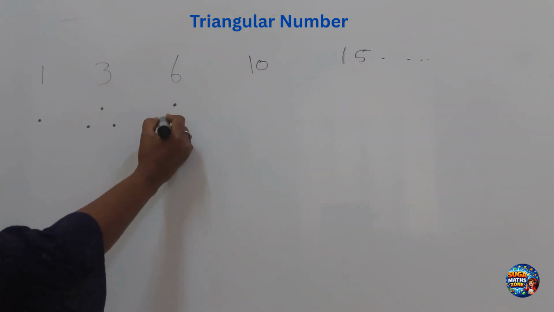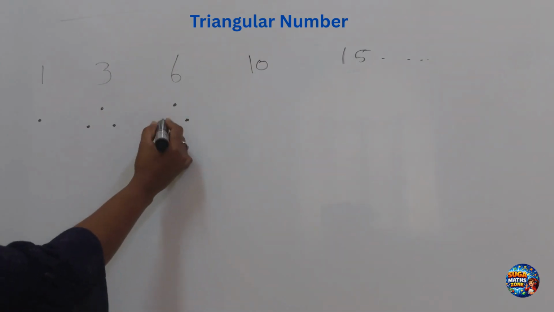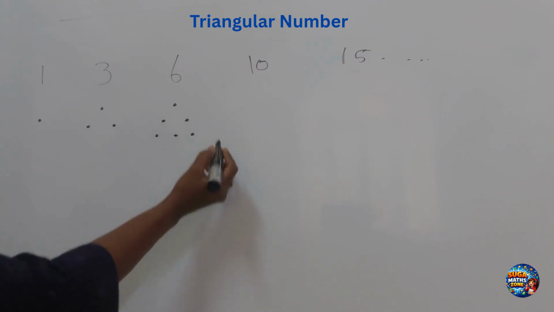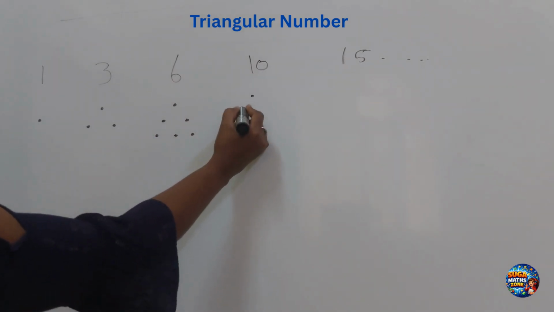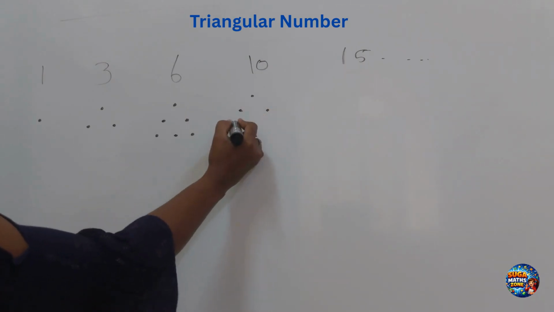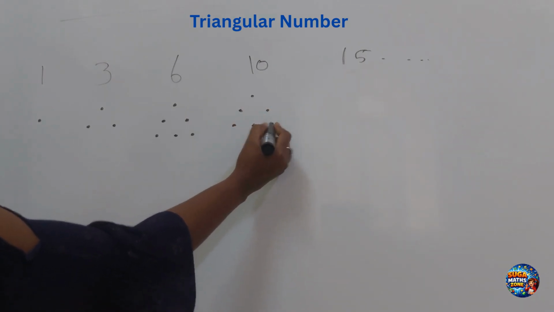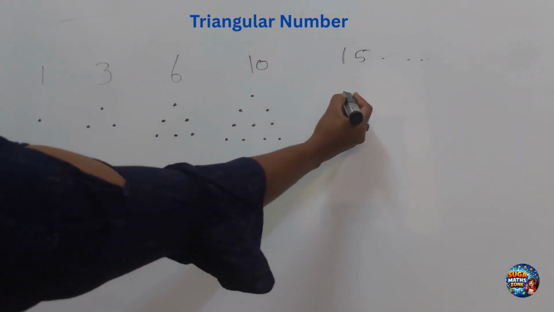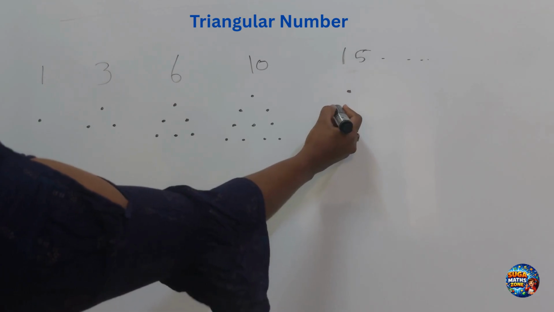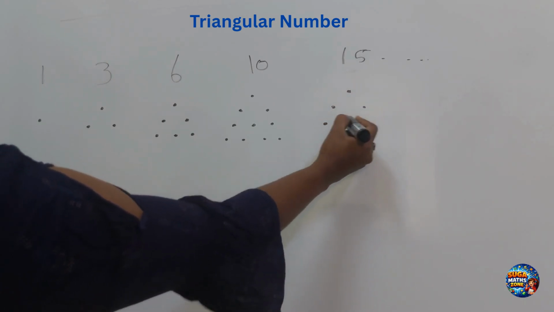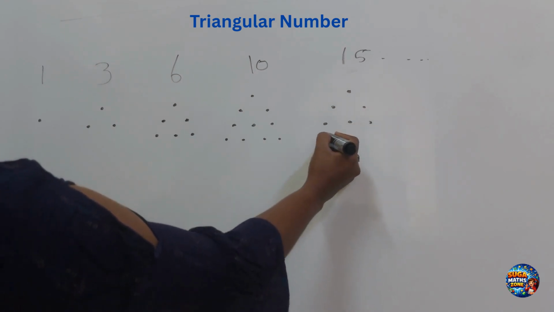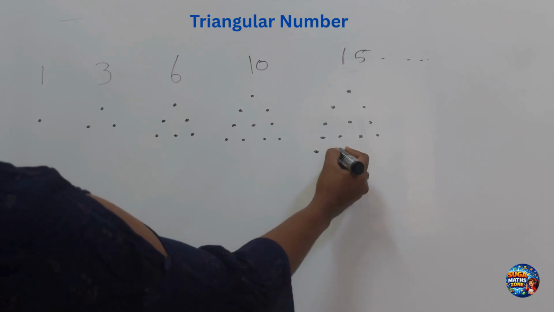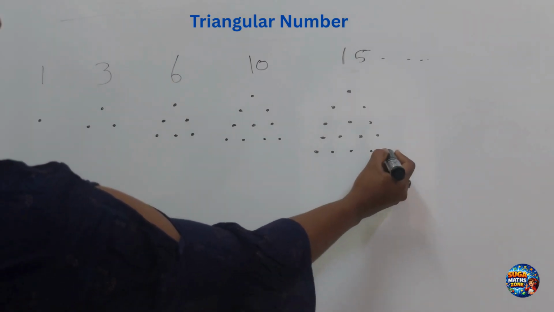Then 6 dots, then the next one is 10 dots, and then 15 dots.